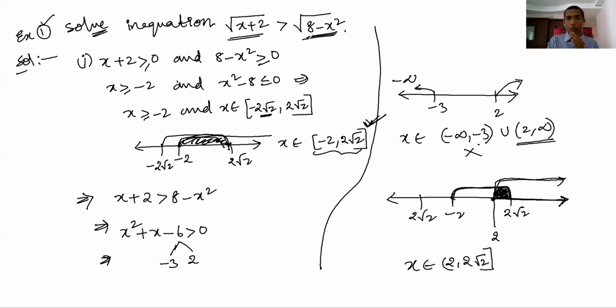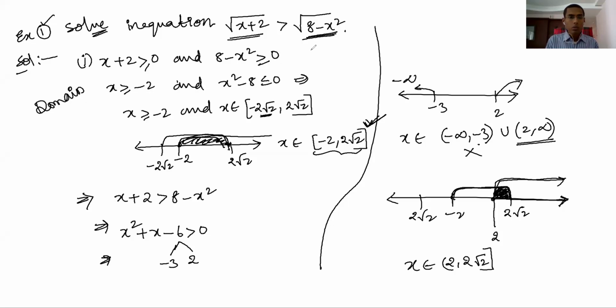So this is an important one. First you need to find the domain of x, and then using the properties of inequalities you keep on solving. But finally, whatever answer you get must be in this domain, because the domain means the x values for which the function is defined.